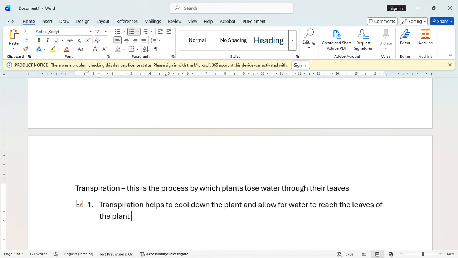Not only that, this pull of the water is what allows the plant leaves to get water, which is necessary for photosynthesis. Not true? True?